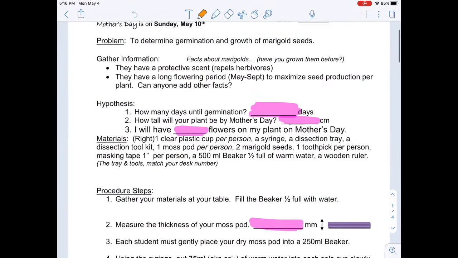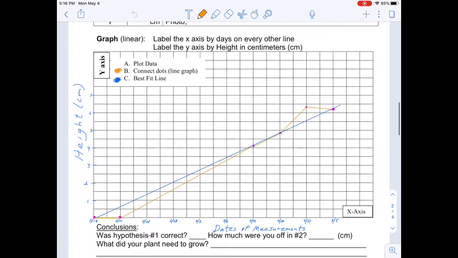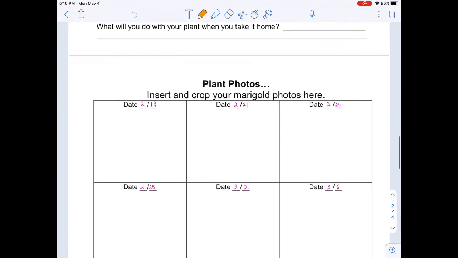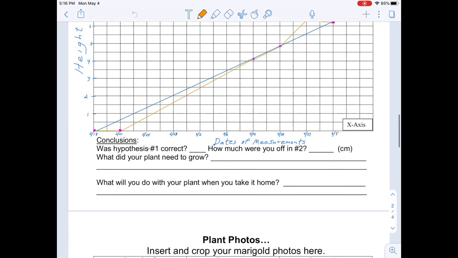I believe that one was the overall height of your plant. So see how your estimate was there on hypothesis number 2. And then the third one was the number of flowers. If you'd like to wait until you see your plant to answer that question, you definitely can.